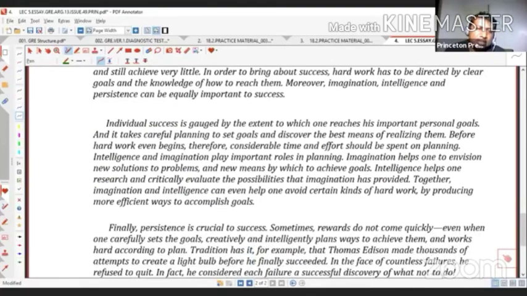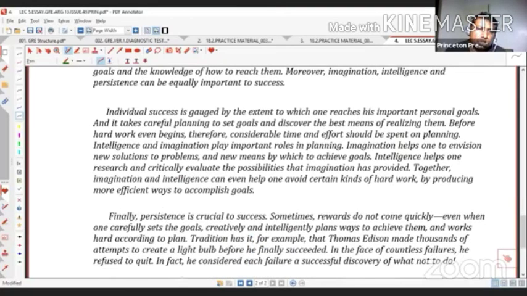Individual success is gauged by the extent to which one reaches his important personal goals, and it takes careful planning to set goals and discover the best means of realizing them. Before hard work even begins, therefore, considerable time and effort should be spent on planning.